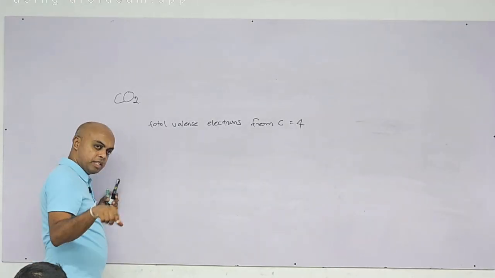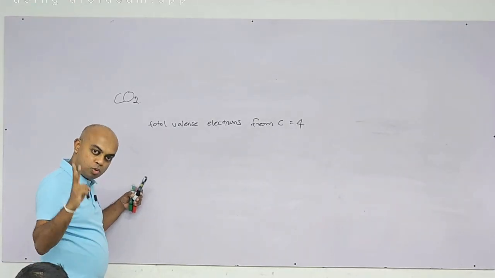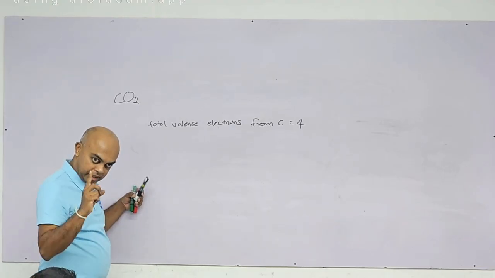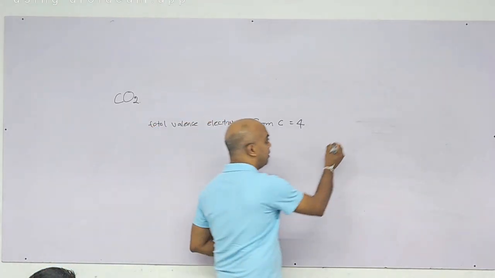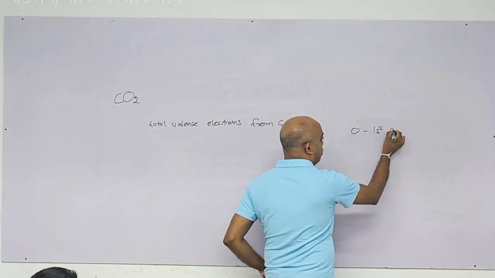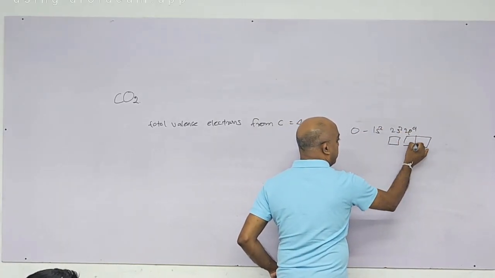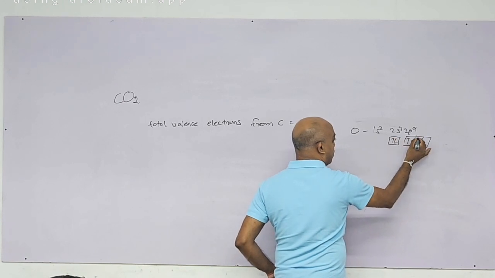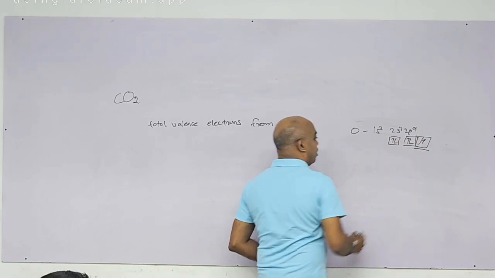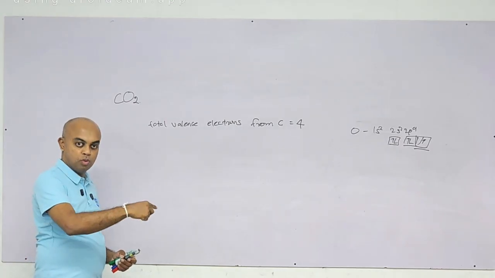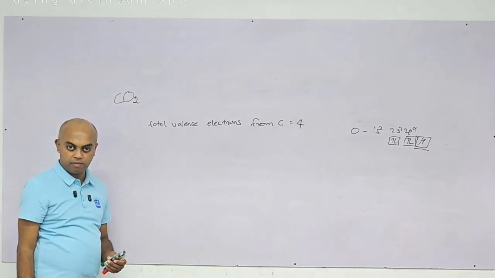Then each oxygen atom is giving out 2 valence electrons for the bond creation, because oxygen is 1s2 2s2 2p4. If you align these into the shells, there are 2 unpaired electrons in the valence shell. Both of those 2 will be involved in the bond creation.